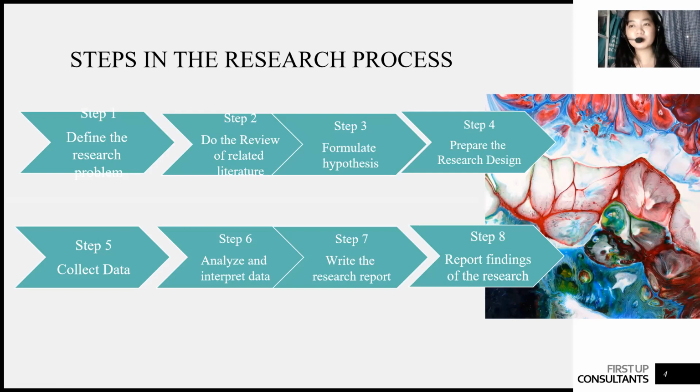Who are your respondents? Of course, the grade 12 students, right? You will identify their perception about online learning towards their academic performance. The respondents are students who underwent online learning.